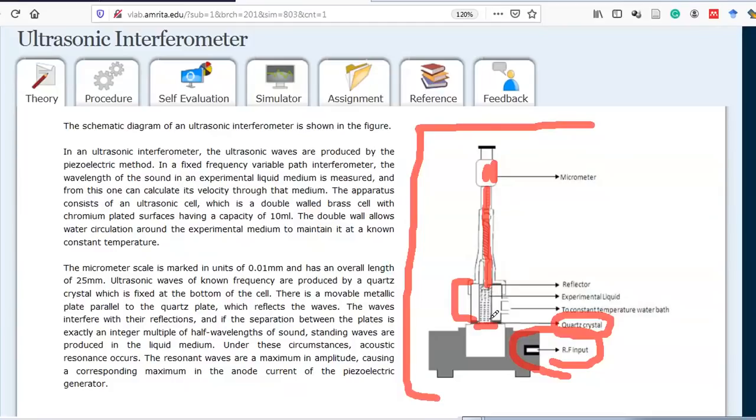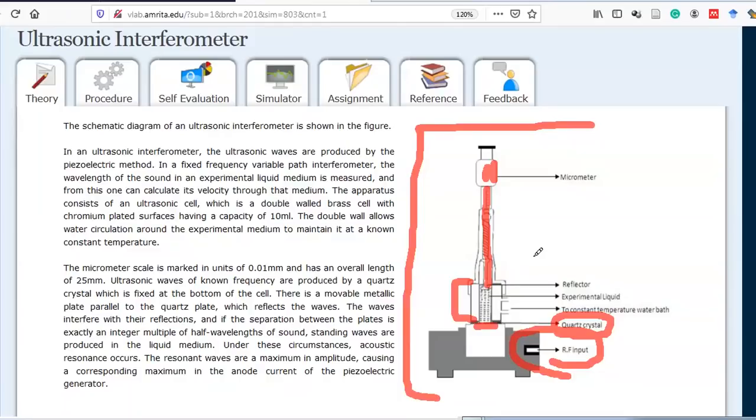Clear? So this makes the standing wave pattern, because there are two fixed ends, and from those ends the signal is going back and forth. So basically this creates the standing wave pattern inside. And if we are saying standing wave pattern, it must satisfy the criterion 2d = nλ.